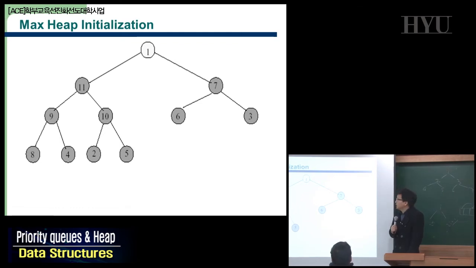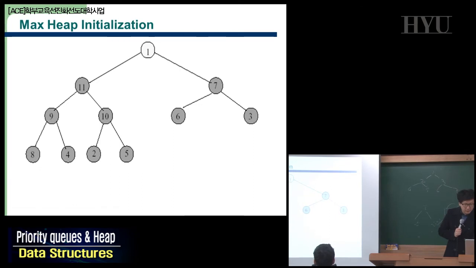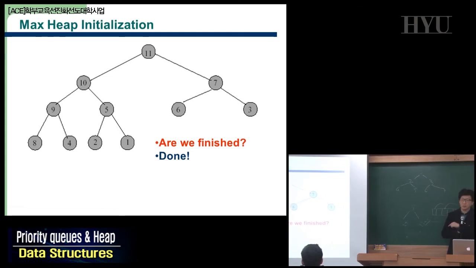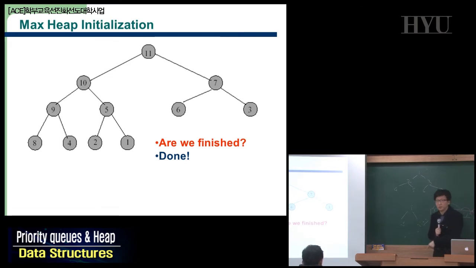I'd like to find out 11 and 1, 7 and 1, so 11 should be up. So I'm switching place. And then you do that for that part. So 1 will be down there. 1 하고 또 그 아래 있는 애들하고 비교해서 1 should be moving down the right side like that.